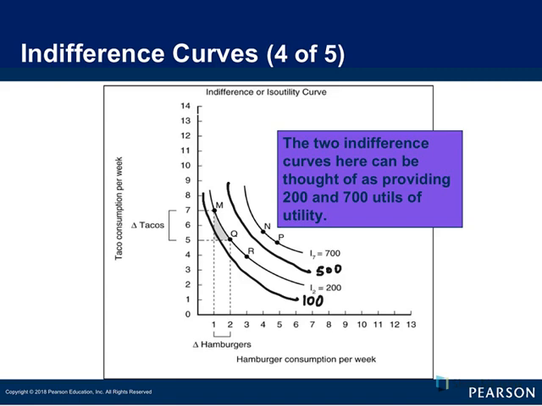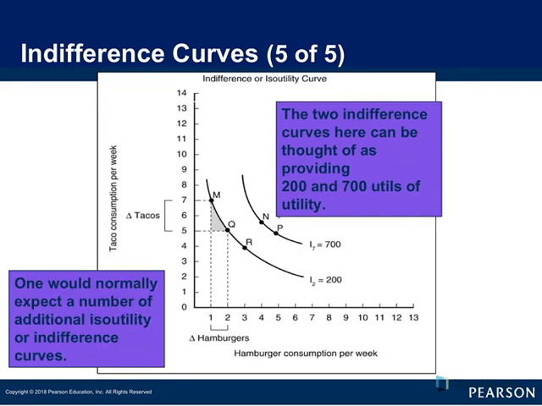There are multiple indifference curves in between. As one would expect, there are so many indifference curves out there. What typically limits people is their scarcity, the resources that they can bring to bear.